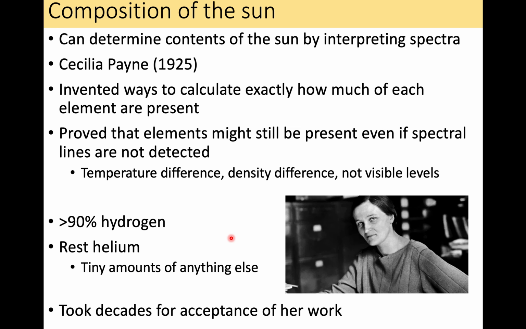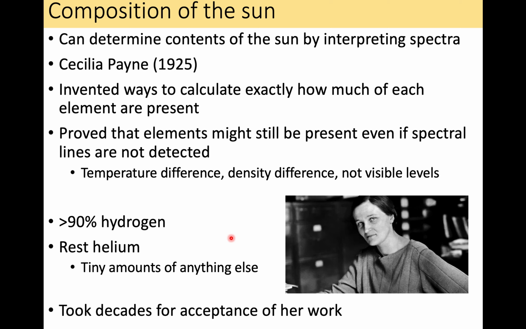So the composition of our sun, we determined that by using spectra, but it wasn't until a scientist named Cecilia Payne in 1925 figured out how to calculate how much of each element were present, did we know the percentages of what was present on Earth, in the sun.